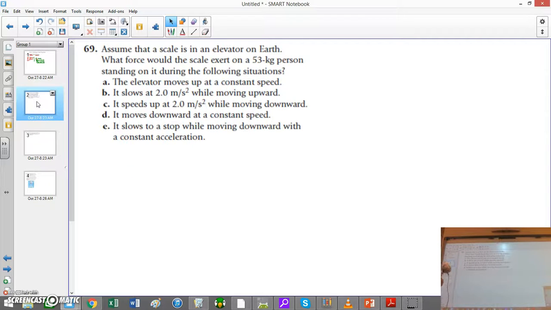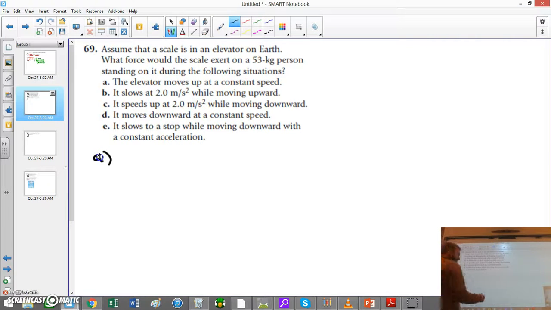Number 69, my second example. Assume that a scale is in an elevator on Earth. What force would the scale exert on a 53 kilogram person standing on it during the following situations? Letter A, the elevator moves up at a constant speed.